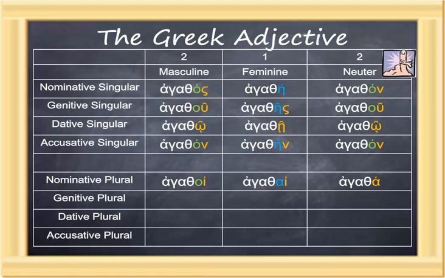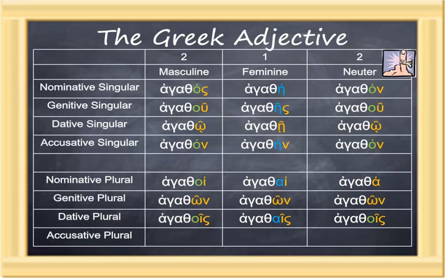In the nominative plural, agathoi, agathai, agatha. Genitive plural is agathon, agathon, agathon. With the dative plurals, the stem vowels reappear according to the declension. Agathois, agathais, agathois.